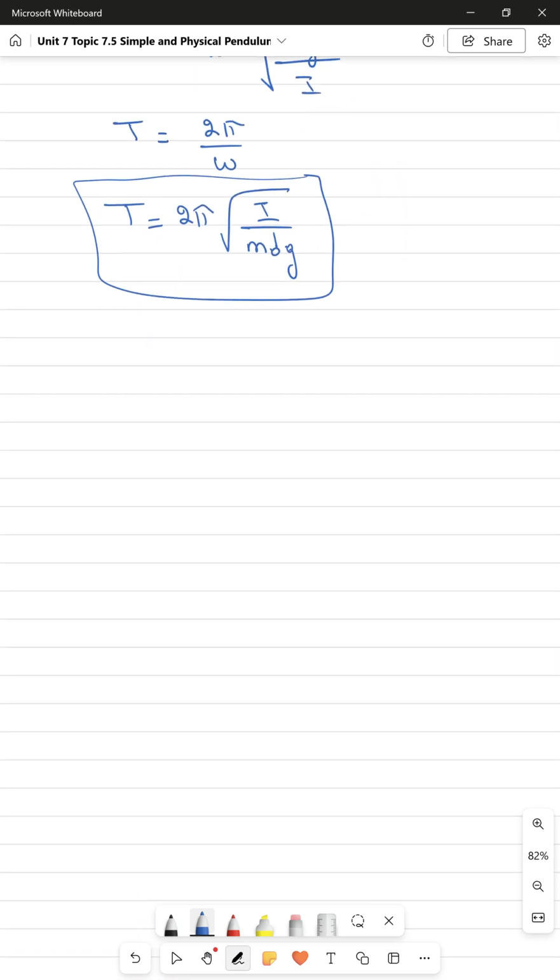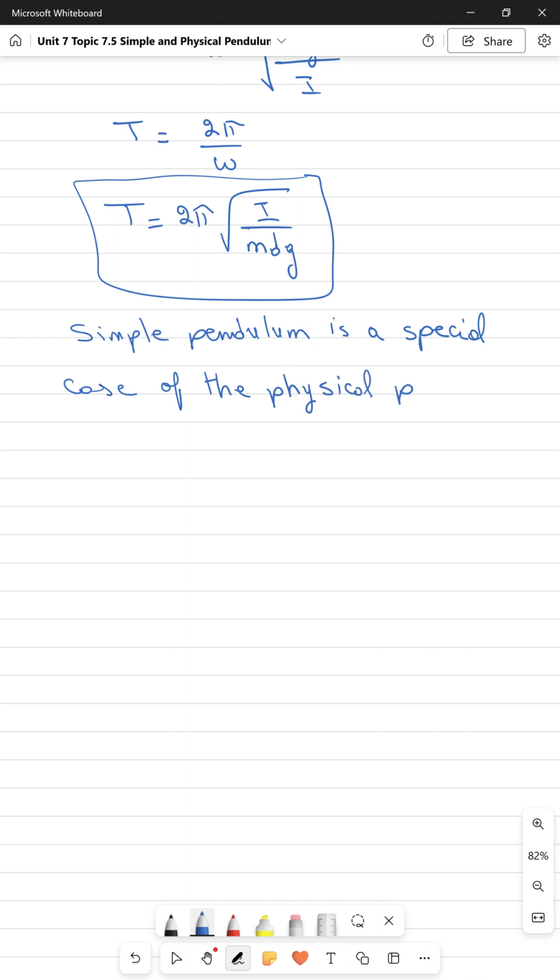Now, a simple piece of information: the simple pendulum is a special case of the physical pendulum. Why? For the simple pendulum, I is equal to m times d squared.